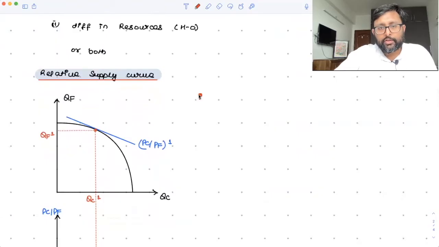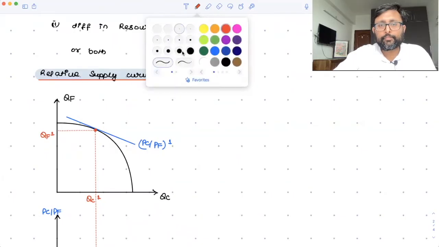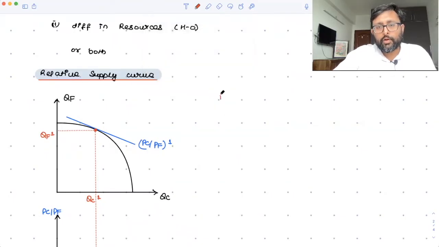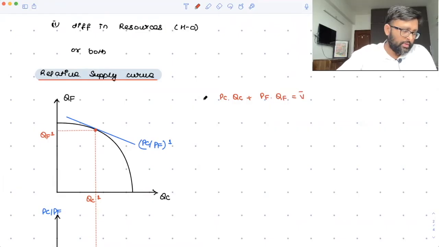And how do you write the iso-value line? That is PC QC plus PF QF equals V bar, something like this.